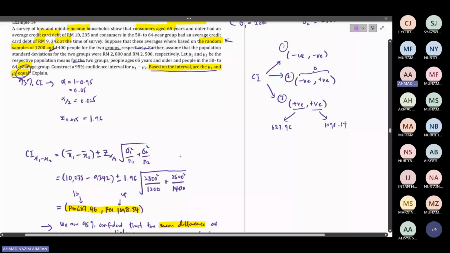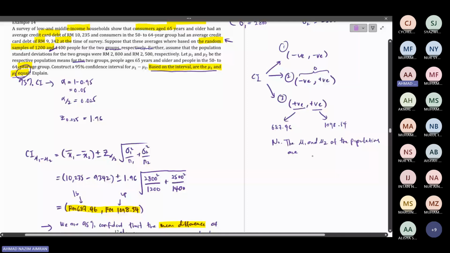So the answer here is no, mu1 and mu2 of the populations are not equal, or unequal.